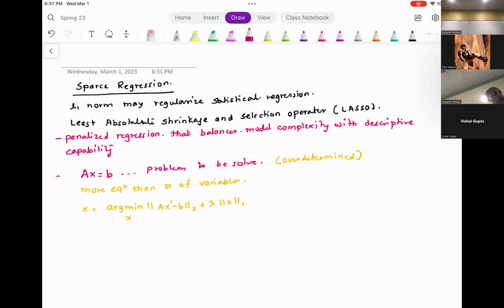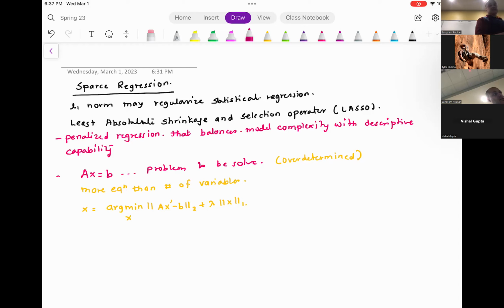The physical interpretation of this equation is, this is the least square solution, but this least square solution is penalized or corrected by a factor lambda. The way this problem will be solved is the value of lambda will be varied over a given range in the algorithm.